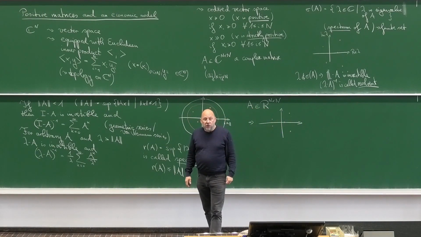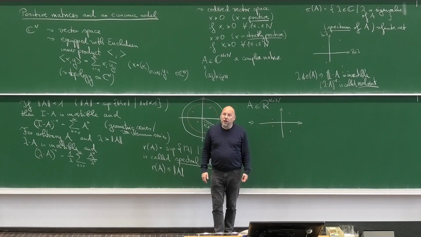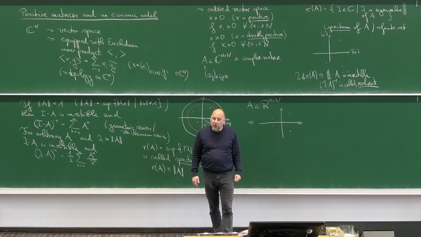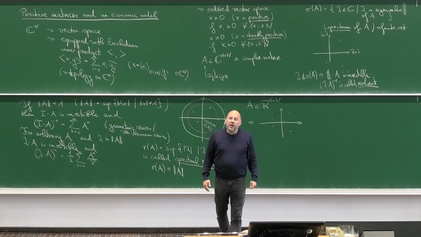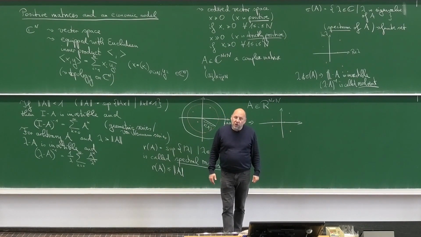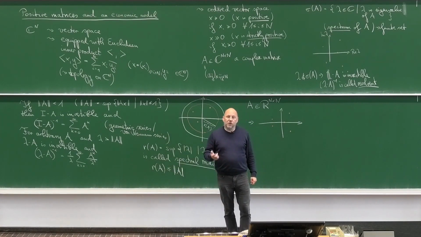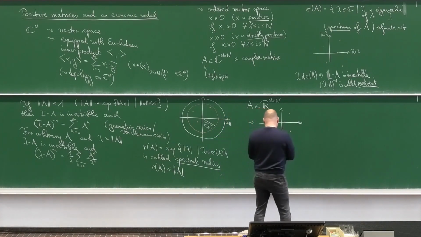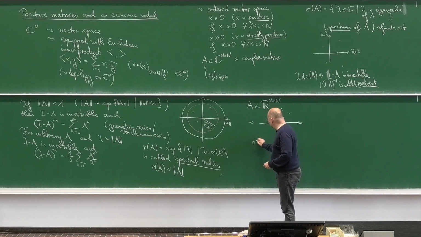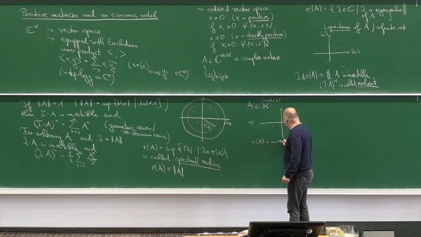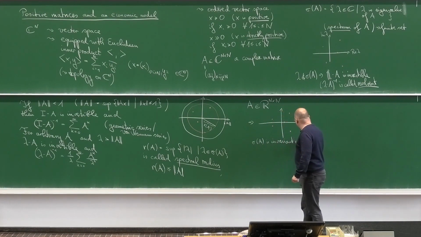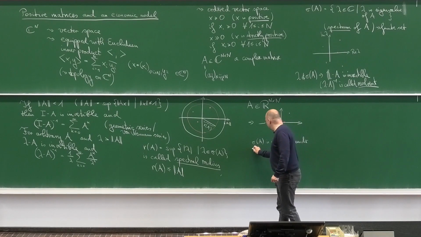That's just because we compute the eigenvalues by some determinant, by some polynomial, the characteristic polynomial, which would have degree 5, and every polynomial of degree 5 with real coefficients has at least one real root. So here the spectrum is invariant under complex conjugation.